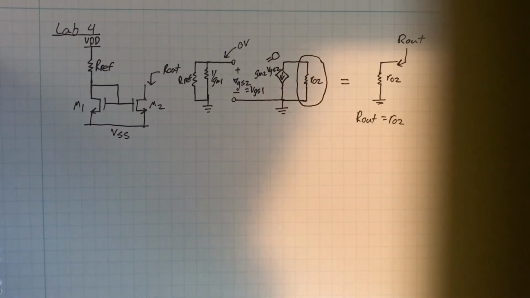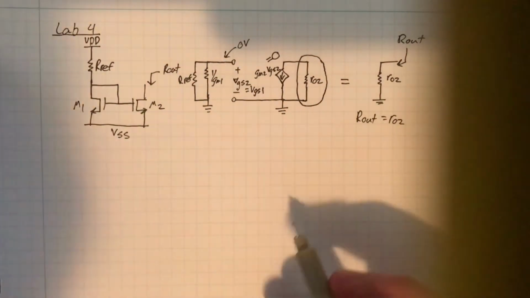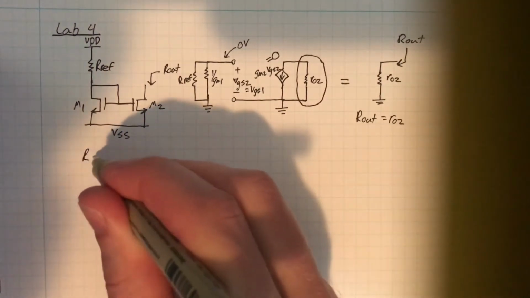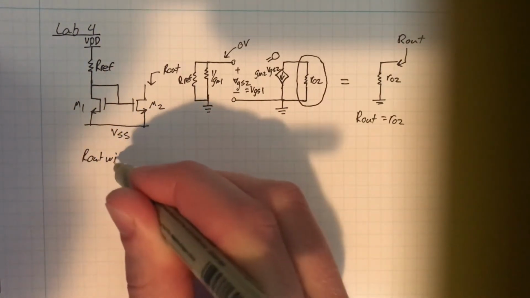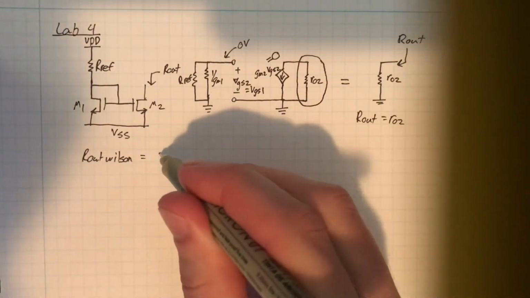You actually have to do some nodal or mesh analysis of the small signal model in order to derive those equations. But I will write down the equation here for the Wilson, just to talk about it for a second. And this is given in the lab handout.